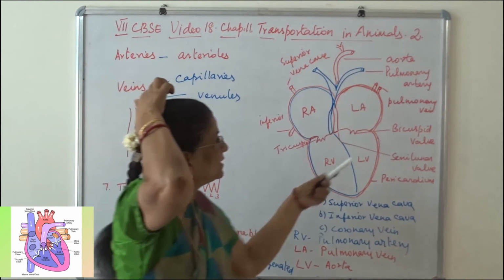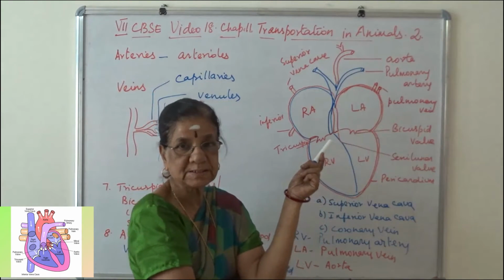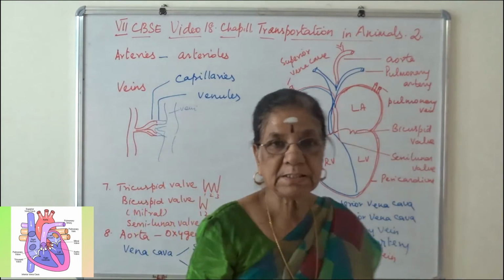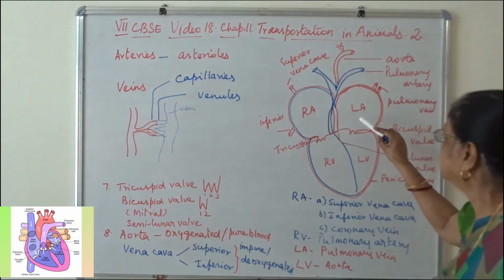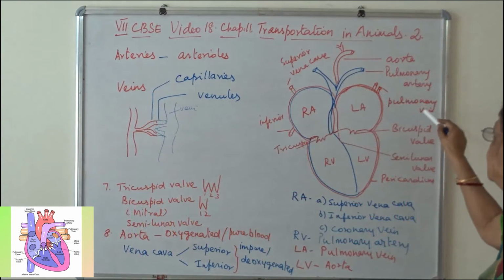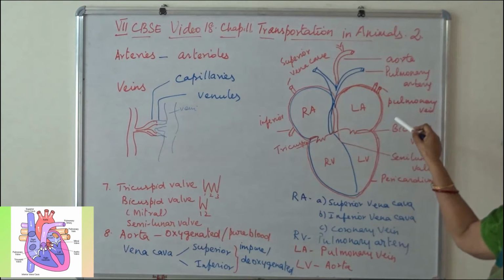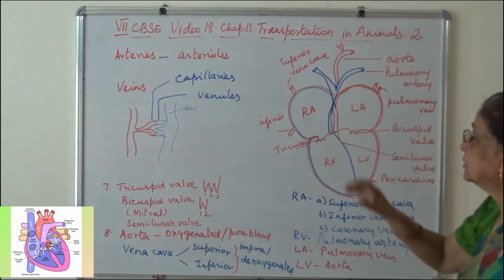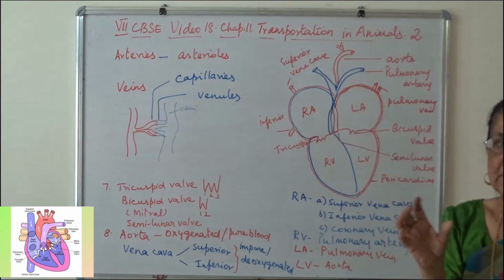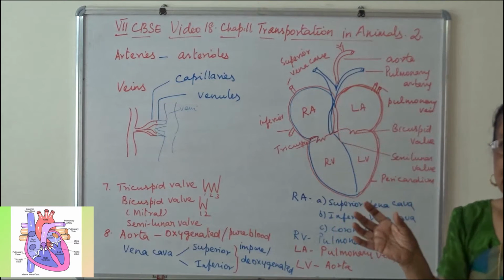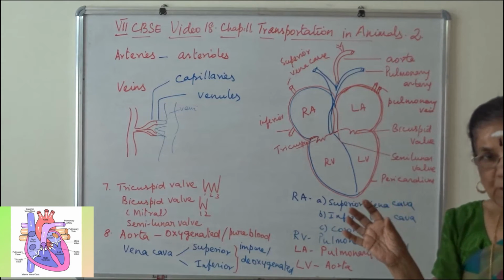The same way, from the lungs, the oxygenated blood is reaching the left atrium through the pulmonary vein. I hope you understand. So now the right atrium has the deoxygenated blood, the left atrium has the oxygenated blood.